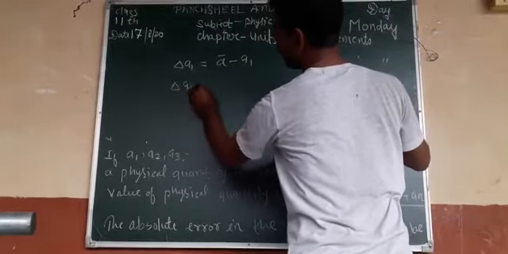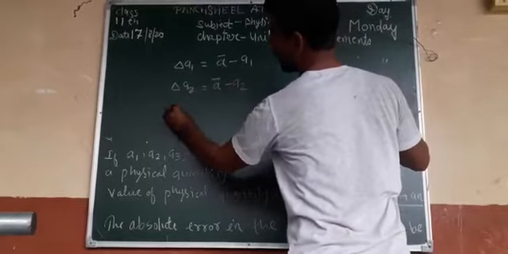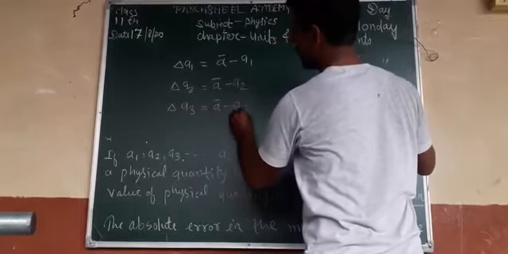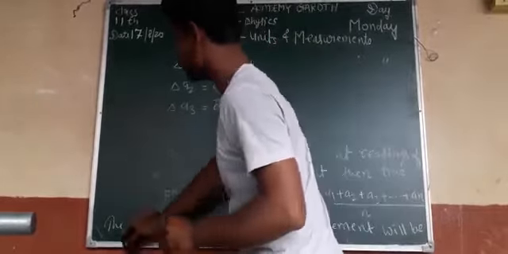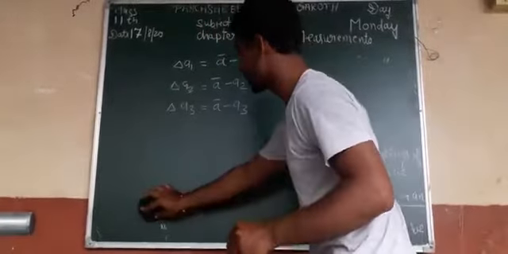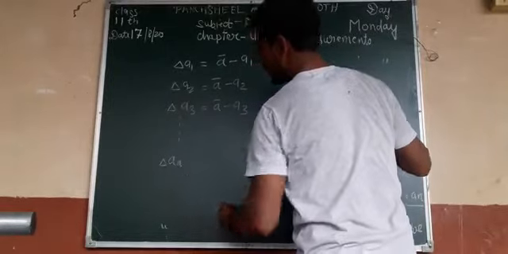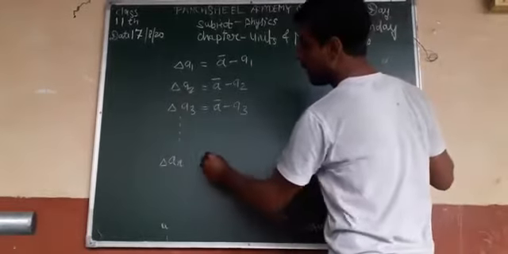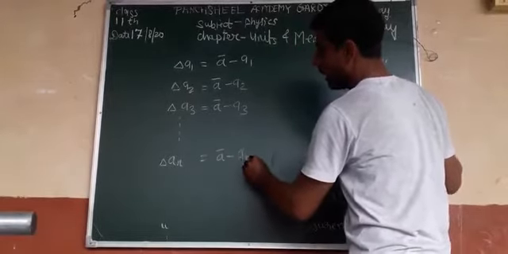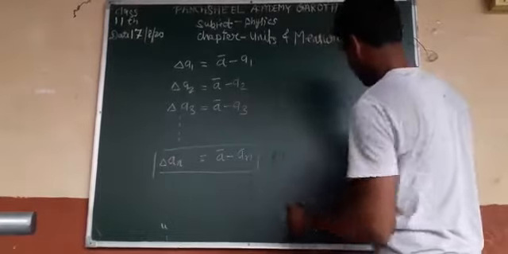Delta A2 equals A mean minus A2. Delta A3 equals A mean minus A3. If there are n observations, then delta An equals A bar minus An. This is the general formula for calculating absolute error.